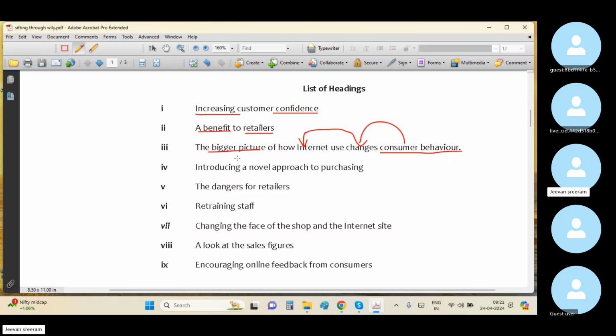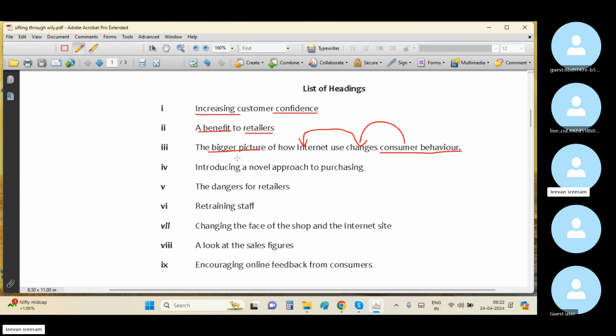Buyers' behavior, purchasing way, right? Consumer behavior means purchasing behavior only, which has actually changed due to internet usage. Correct? That's how you should be able to understand each of the headings.